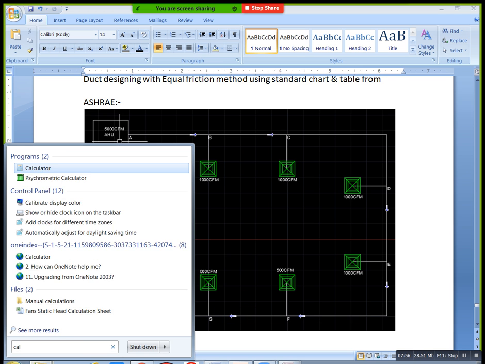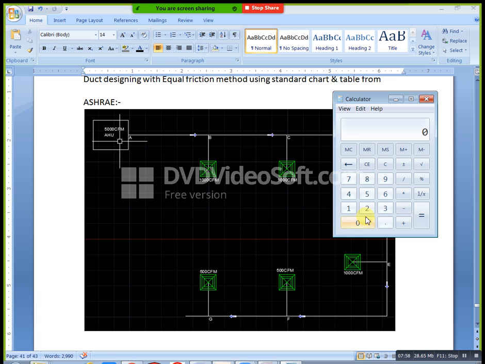Because we have it in feet, I need to convert into inches. 3.84 divided by 1.17 is 3.28, into 12, this is our 40 inch.